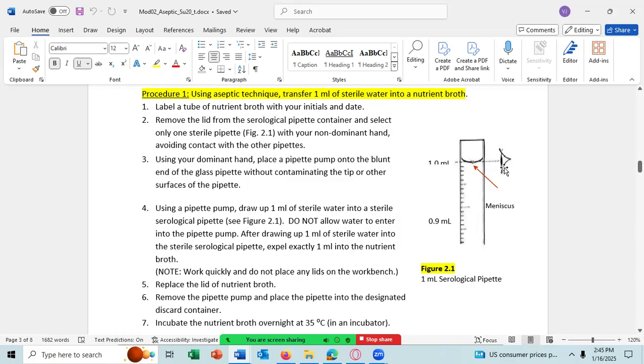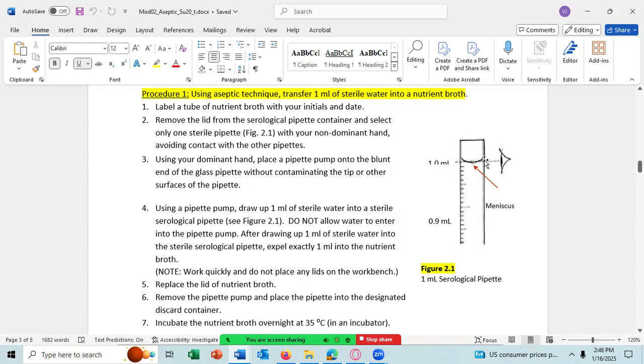It will form a meniscus like this. That happens in plastic as well, although it's not as strong a meniscus as with glass. That's because the water is more highly attracted to the glass than it is to the water. And so it forms a meniscus like this.